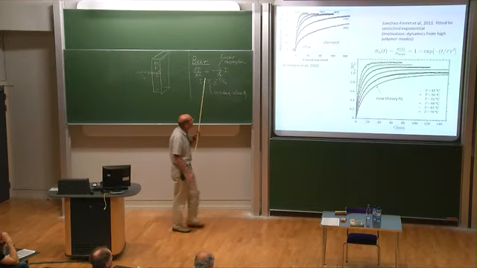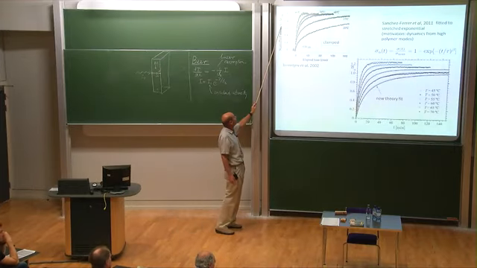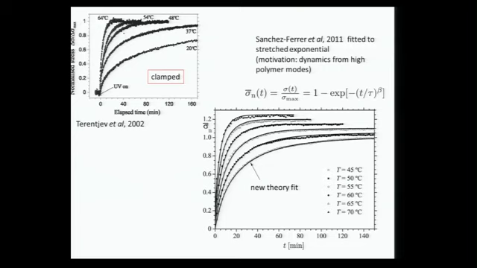And so you can take the stress that's built up, normalize it by the maximum stress that you'd get at long times, and so it should go up to 1. As you switch on the light, you find that the stress rises. In 2011, Finkelmann and Sánchez-Ferrer did a similar sort of experiment, and they fitted their rise in the normalized stress to a stretched exponential.